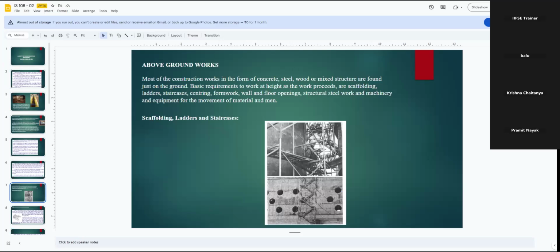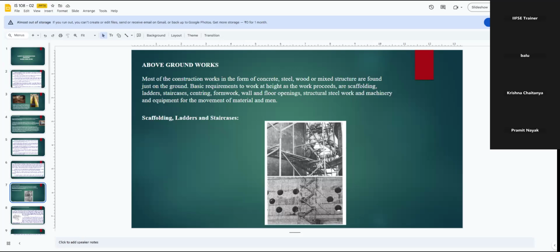Now we'll see the above ground works. We have seen the underground works. When I say above ground works, these are mostly height works. As we know, most construction works, in the form of concrete, steel, wooden, or mixed structures, are formed just on the ground.